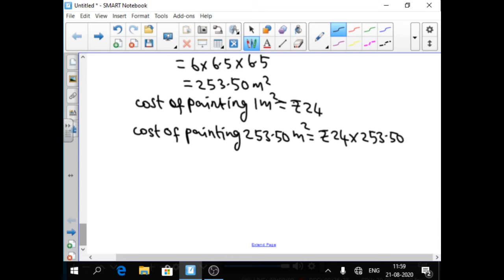Just multiply the values. So rupees 6084. Area to be painted is 253.5 meter square, and total cost of painting is rupees 6084.